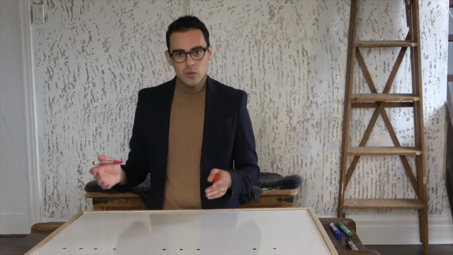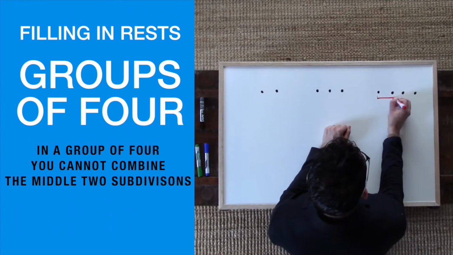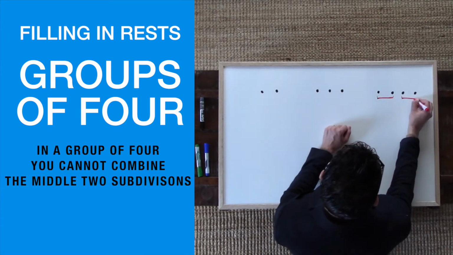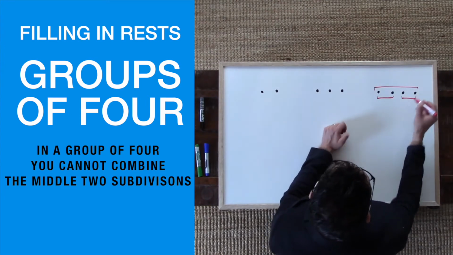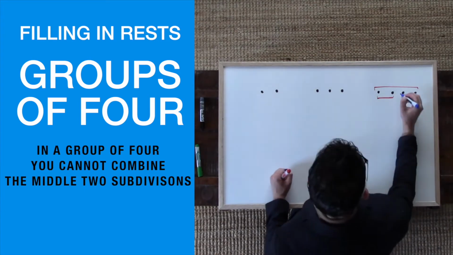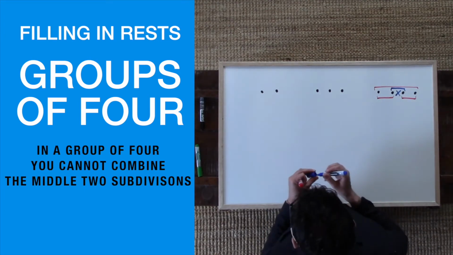When filling out rests in a group of 4 things, whenever you have 4 subdivisions or 4 groupings in a meter, you can attach the front 2 in a rest, you can attach the back 2 in a rest, you can attach the whole thing into one gigantic rest, but you cannot attach the middle 2.